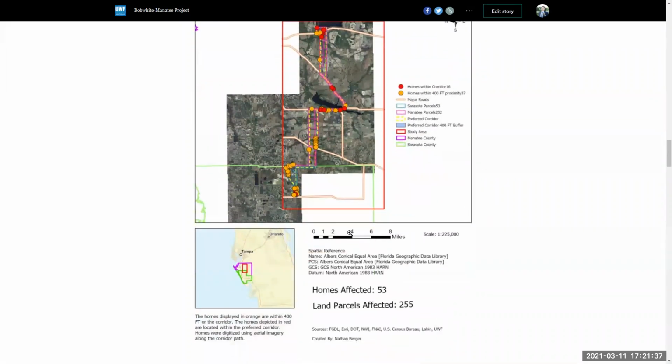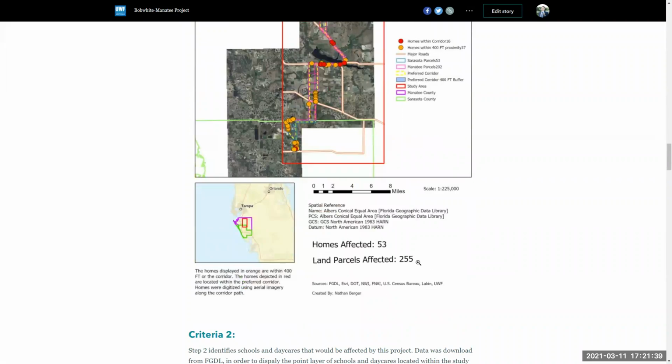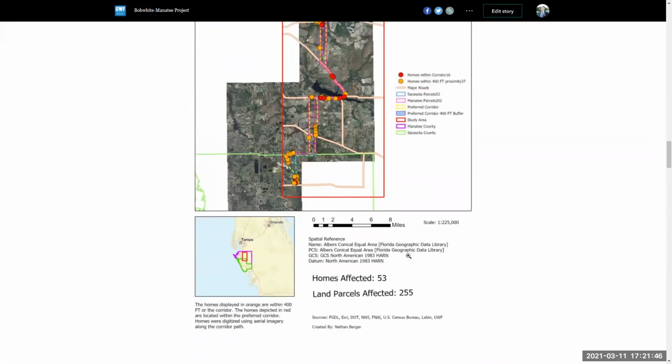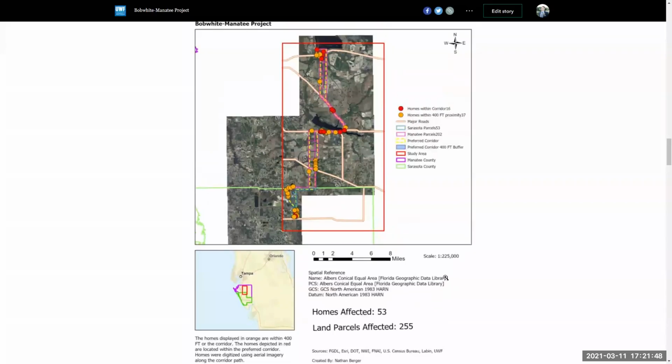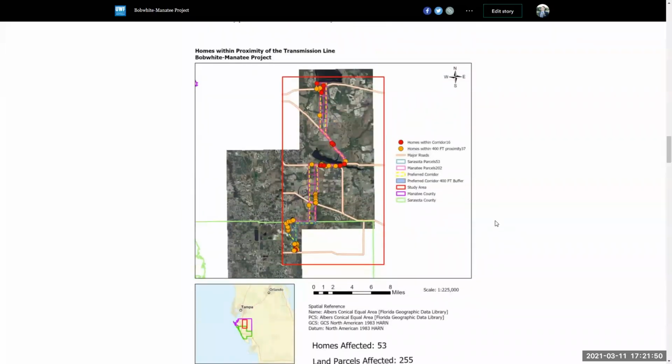So what does that mean? That means 53 homes and 255 land parcels or land areas that are owned by landowners will be affected by this transmission line. And again, I digitized these homes. I did a point layer using aerial imagery that was defined projected.